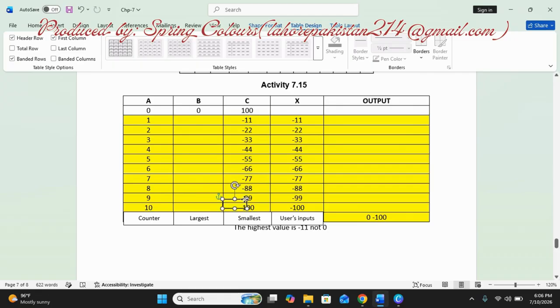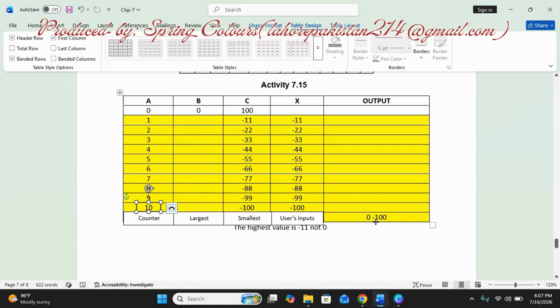And this minus 100 will be compared with minus 99. As it is lesser than minus 99, it will replace minus 99 because C is storing the smallest values, and the value of counter will increase to 10, and it will come out of the loop because the counter was only allowed to increase till 10, and the loop will end.